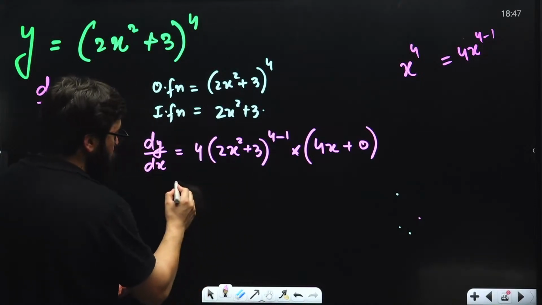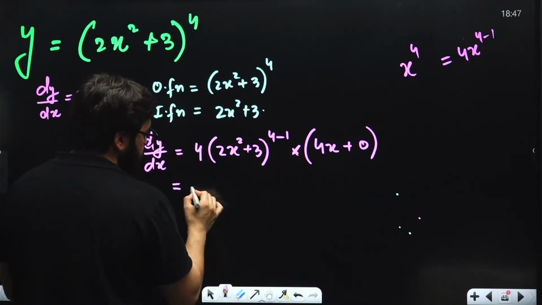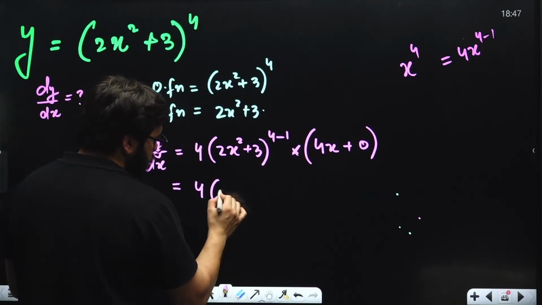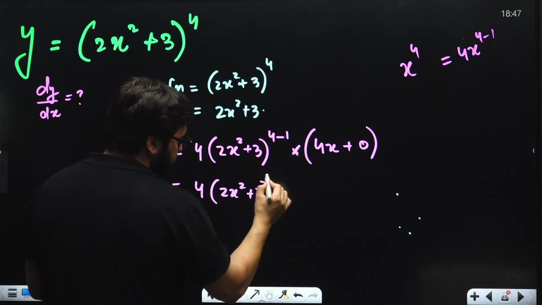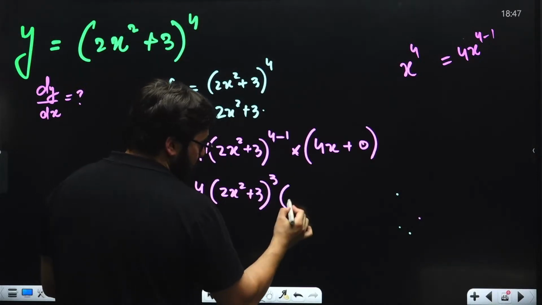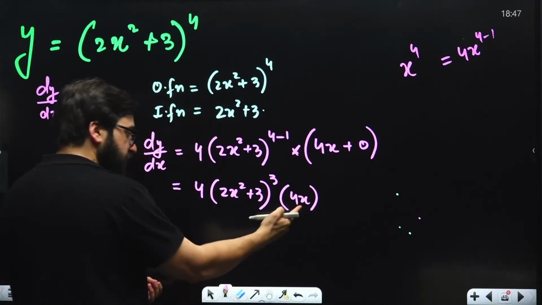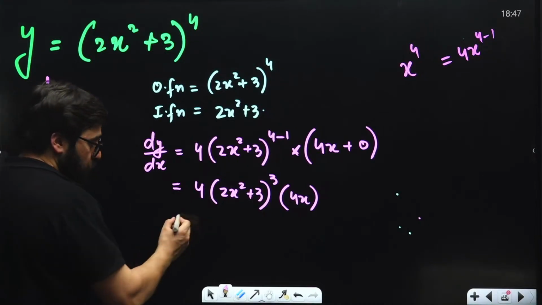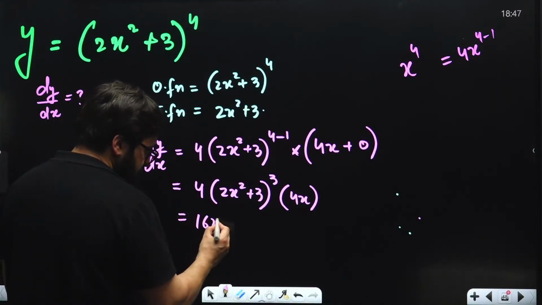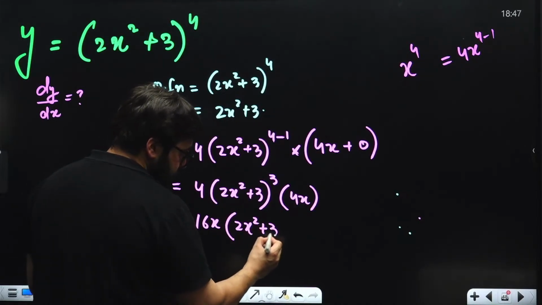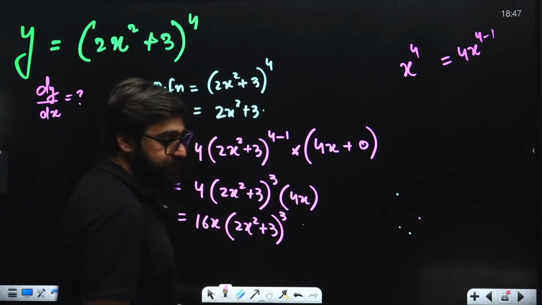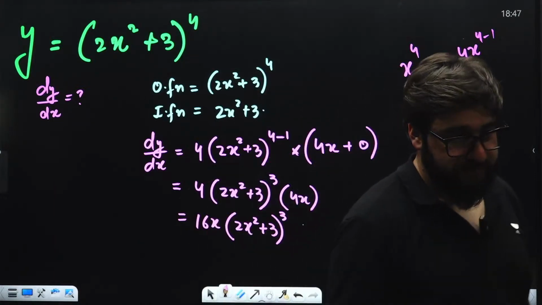So I can say this will be 4 into (2x square plus 3), 4 minus 1 is 3, and then you have 4x. You can even multiply this 4x with this 4. 4 into 4 is 16x, and then you write (2x square plus 3) whole cube. This will be the final answer.